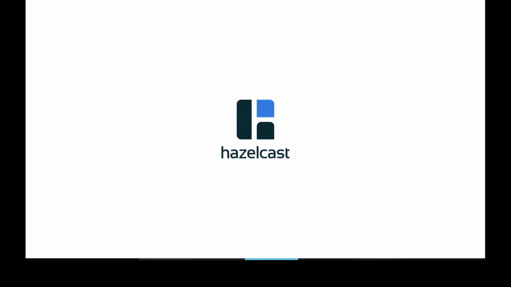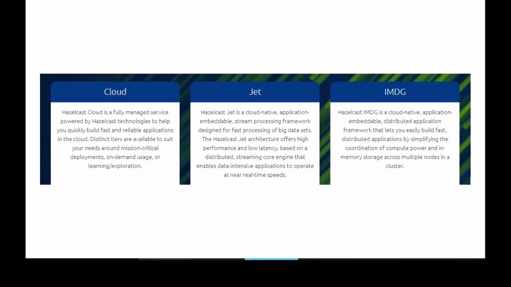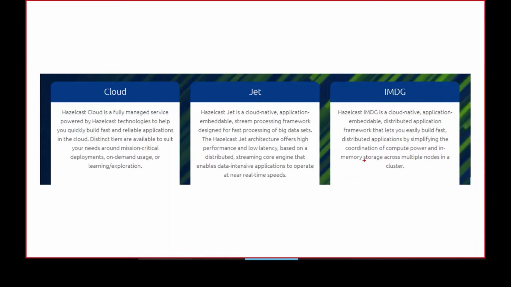As I told you, the initial thing which we need to understand is the products offered by Hazelcast. If you go to the official Hazelcast website, you will find 3 different things there: Hazelcast IMDG, in-memory data grid, Hazelcast Jet, and Hazelcast Cloud.